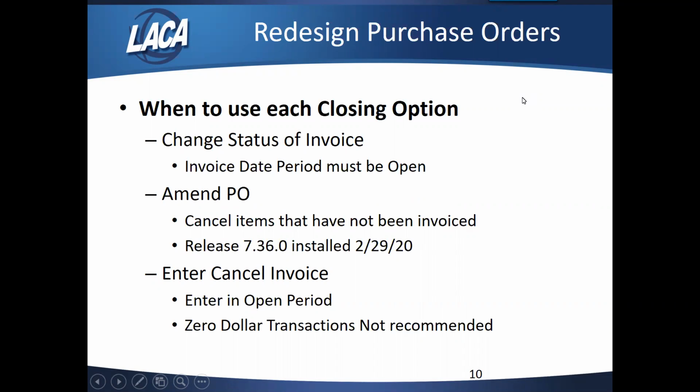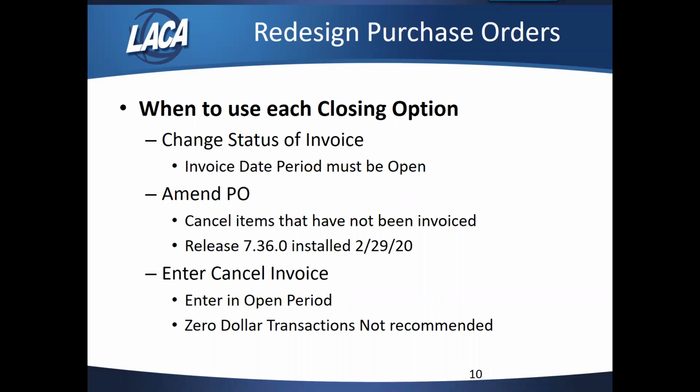So when should you use any of these 3 options? You can change the status of the invoice as long as the date of the invoice is in a period that is open. If you would like to do the amend purchase order option, then that's typically going to be used for a line item that you never invoiced, and you're just canceling that line item.